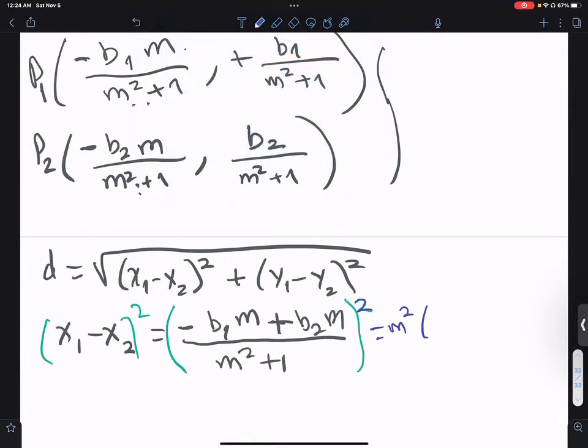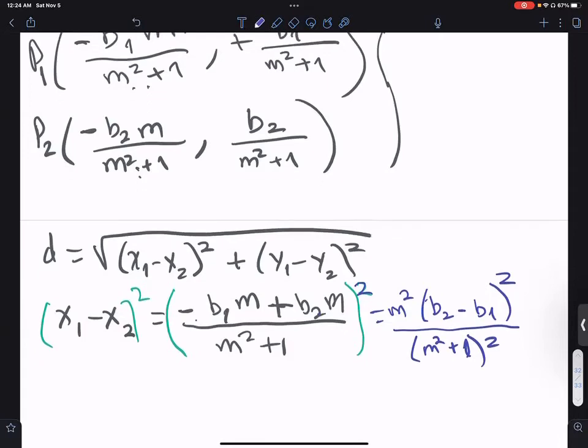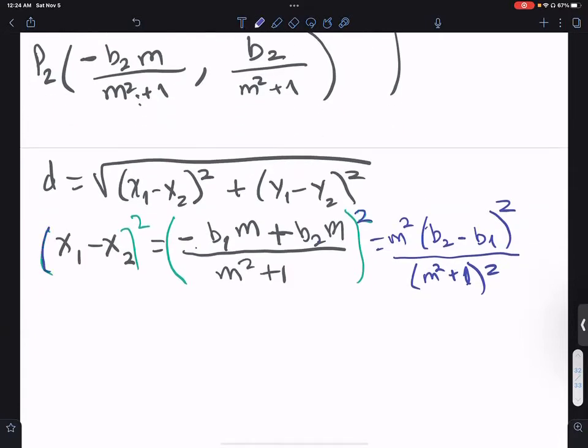Then we're going to have b2 minus b1, b2 minus b1 over, of course, squared, over m squared plus 1 squared. That's x1 minus x2 squared.